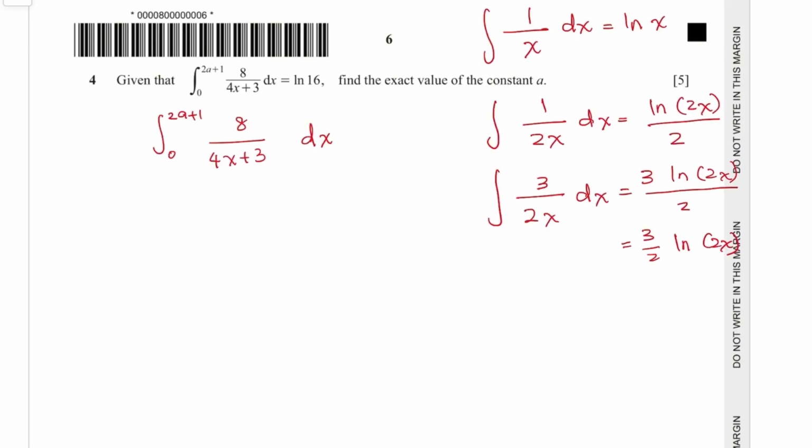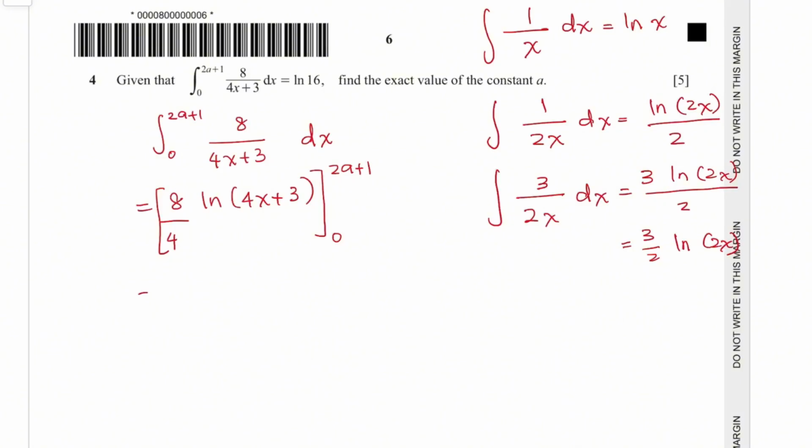Okay, so in this situation, if I'm going to integrate, 8 would remain there, and then I have ln 4x plus 3. And then remember, what do I have to divide with? I have to divide with the derivative of 4x plus 3, which is 4. Okay, we clear that? And then my limits would be from 0 up until 2a plus 1.